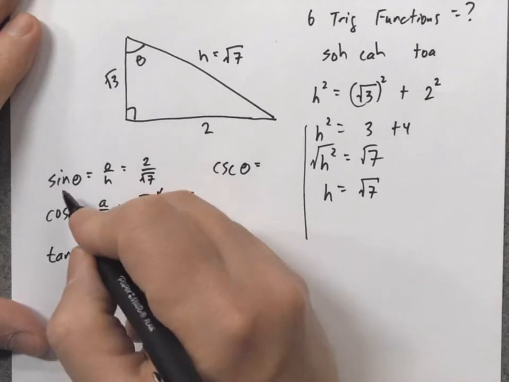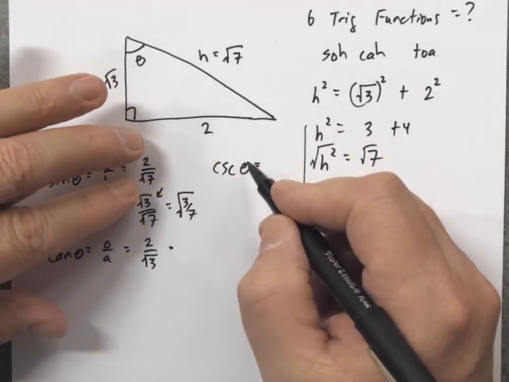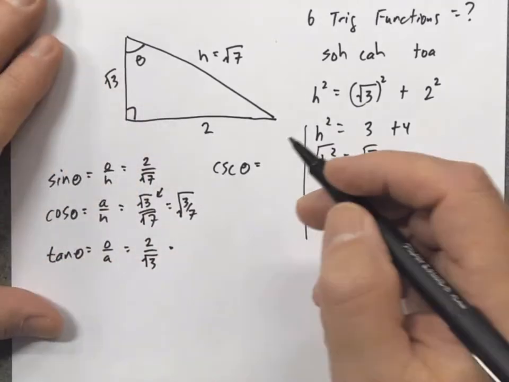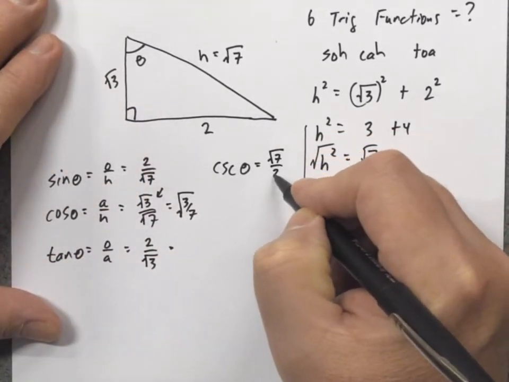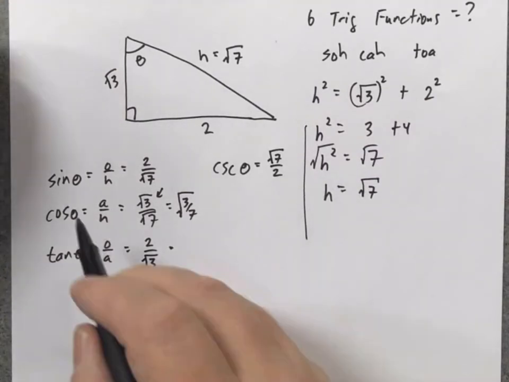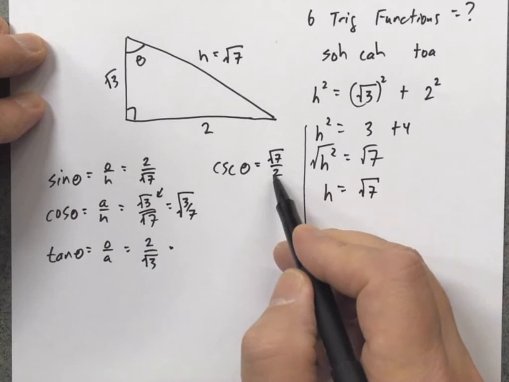So what's nice is once you find the sine, you just take the sine, and if it's a fraction, you just flip it to get the cosecant. So if the sine of theta is 2 over square root of 7, the cosecant of theta is square root of 7 over 2.